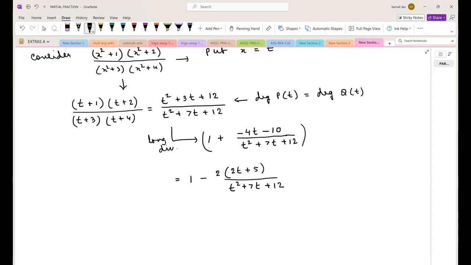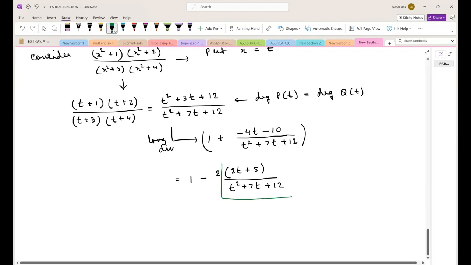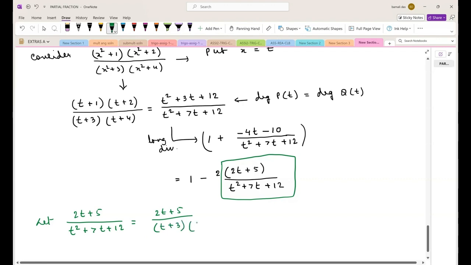Now I will take up only this portion and apply partial fraction. So let (2t plus 5) by (t square plus 7t plus 12), we go back to the factor form, (2t plus 5) by (t plus 3)(t plus 4).